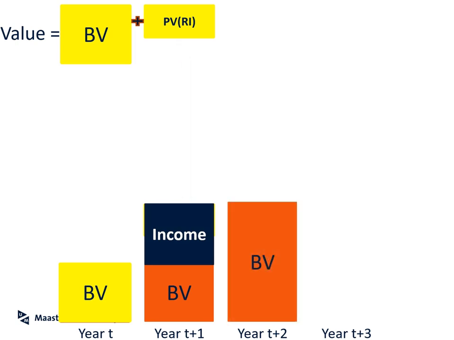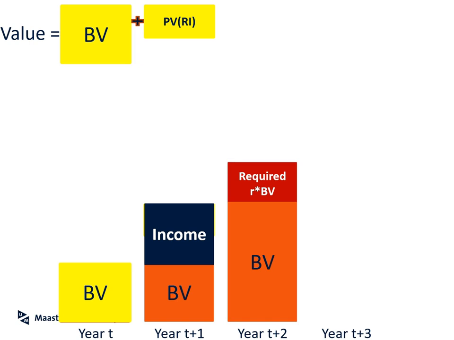So assuming that we don't pay out anything as dividend, the income that we earn in year T+1 gets added to the book value and will form the basis for year T+2. So in year T+2, our required profit has actually increased because it's still the cost of equity, but it's now multiplied with this higher book value of equity. If we reinvest assets, the book value of equity goes up.